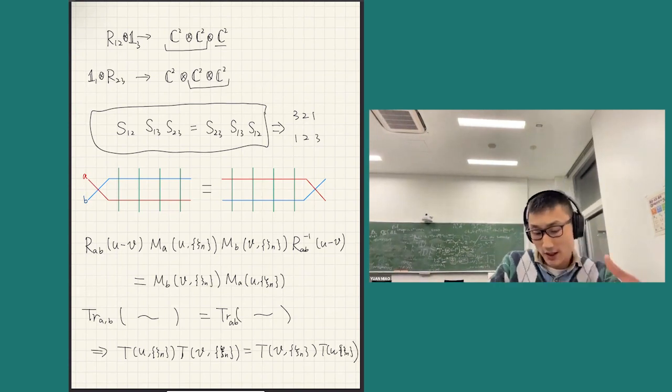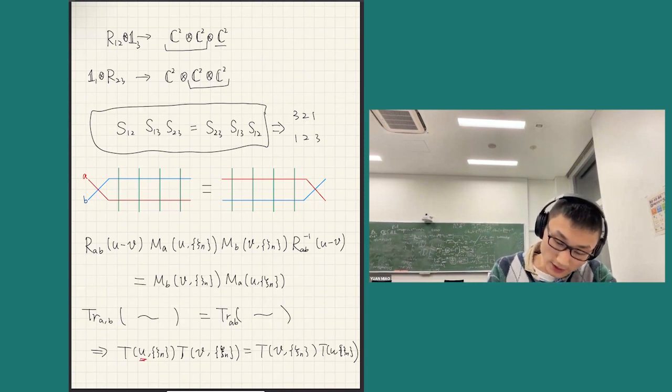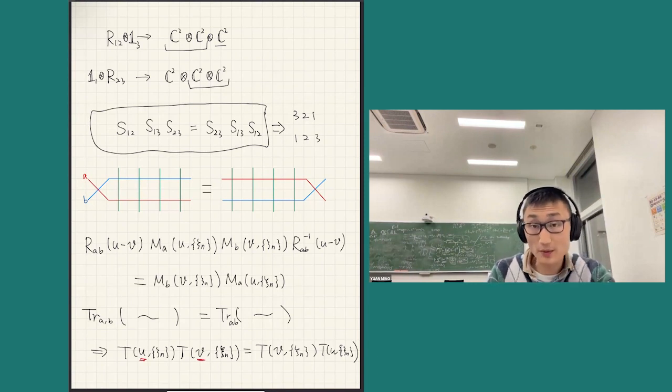So what it means here is that now we have two operators, and they depend on different spectral parameters, and they commute with each other. Actually, they commute with themselves with different spectral parameter.